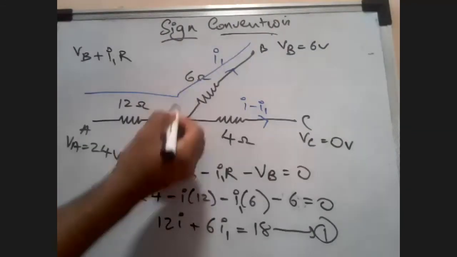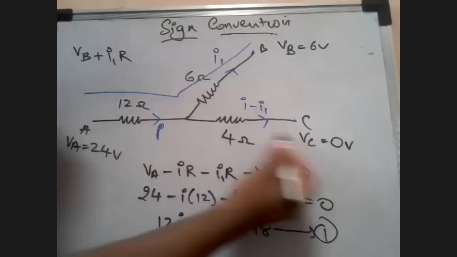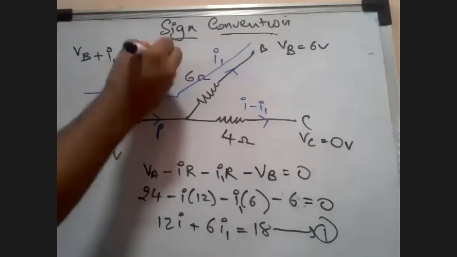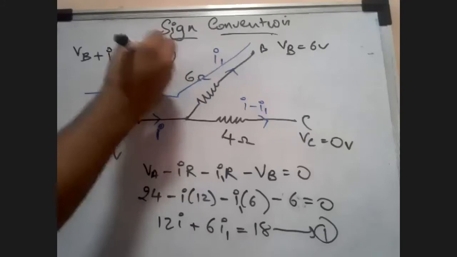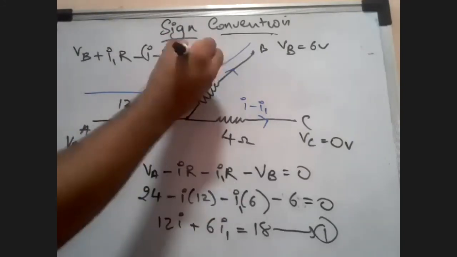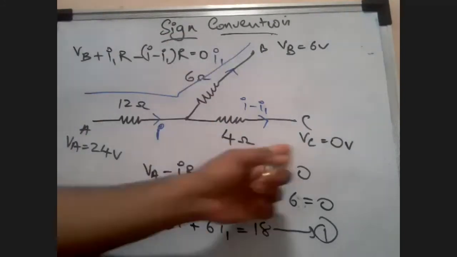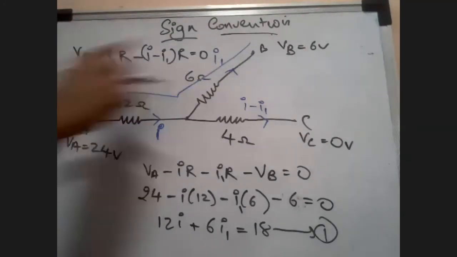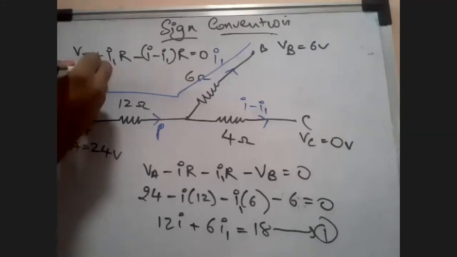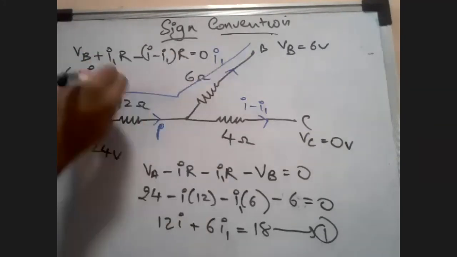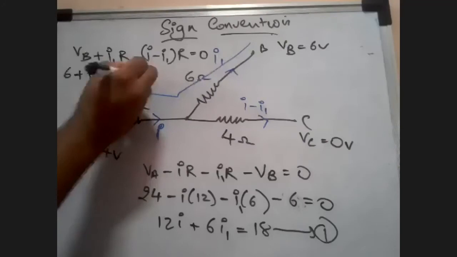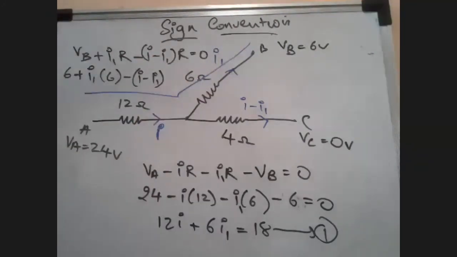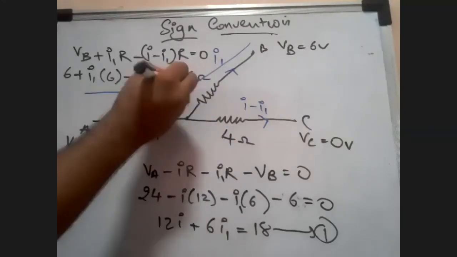When you reach this branch, you can take minus I minus I1 times R equal to 0, because VC is anyway 0. Substitute the values in this. VB is 6 volts, plus I1 times 6, minus I minus I1 times 4 equals 0.